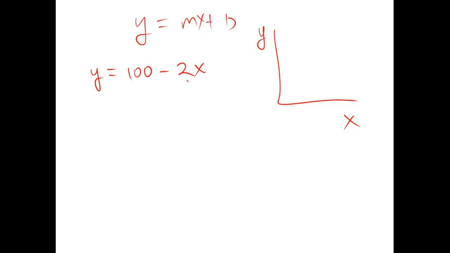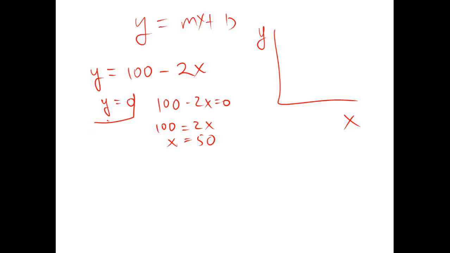So, for example, what happens if y is equal to 0? Well, if y is equal to 0, then that means 100 minus 2x is equal to 0, because that equals y, which is now 0. And that also then means that 100 equals 2x, or that x equals 50.